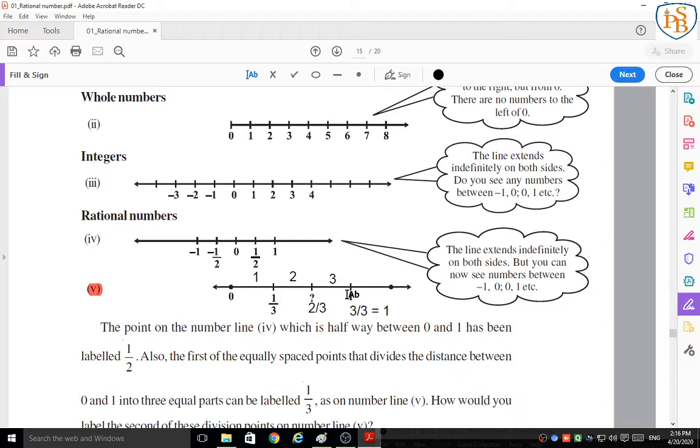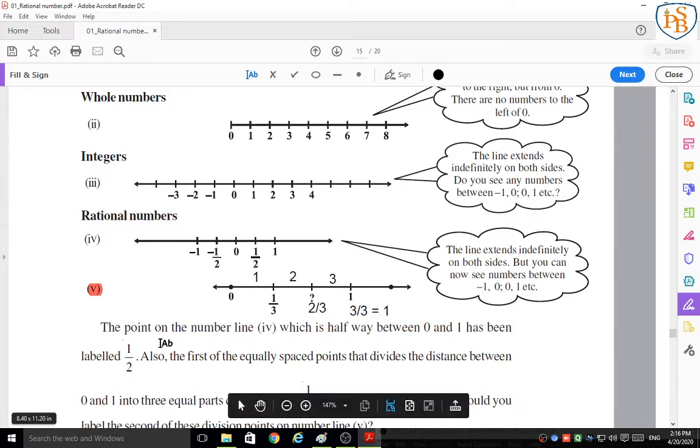This last sign shows it covers 3 parts out of the 3 parts. So the denominator number chooses how many parts we have to make for one segment.